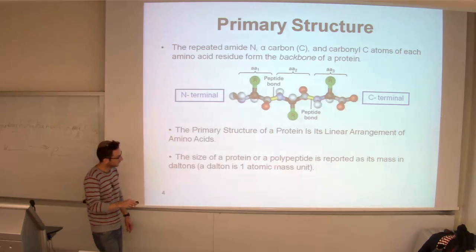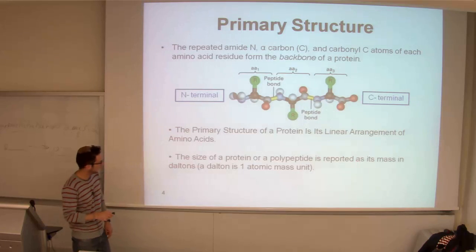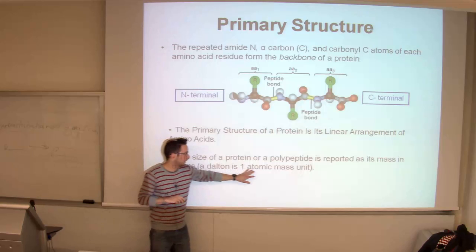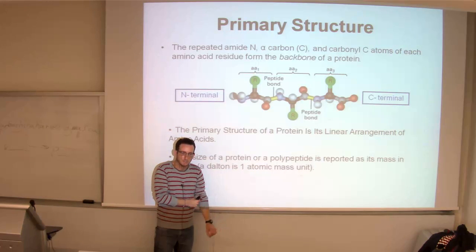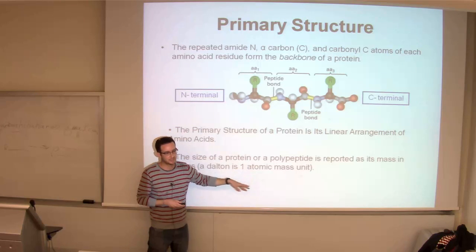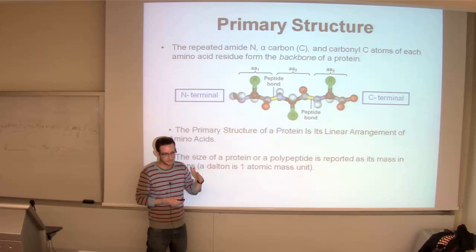And the size of proteins or polypeptides is reported as its mass in daltons. A dalton is 1 atomic mass unit. You can read maybe the first paragraph on Wikipedia. Basically, it's defined as the 12th part of carbon in its naturally occurring state.